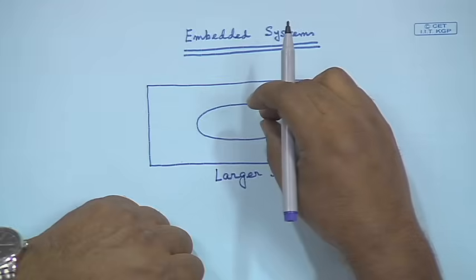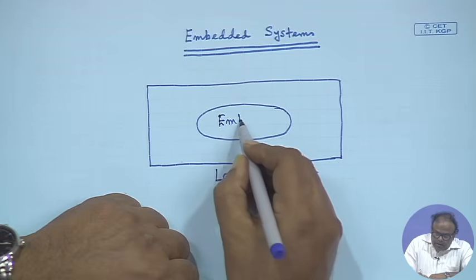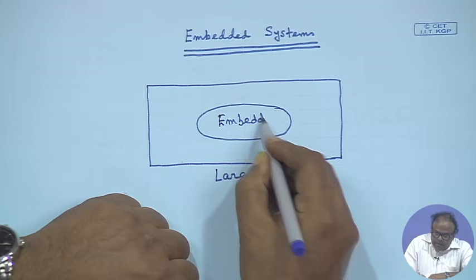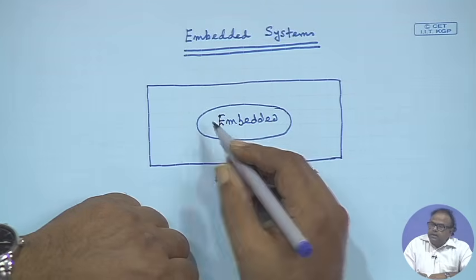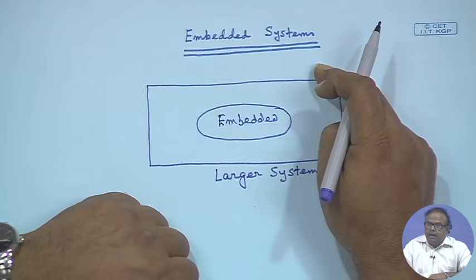Always it may not be programmable, by the way, it may also be hardware programmed. Okay. So, there is some processor embedded inside this and which interacts with this larger system at different levels.